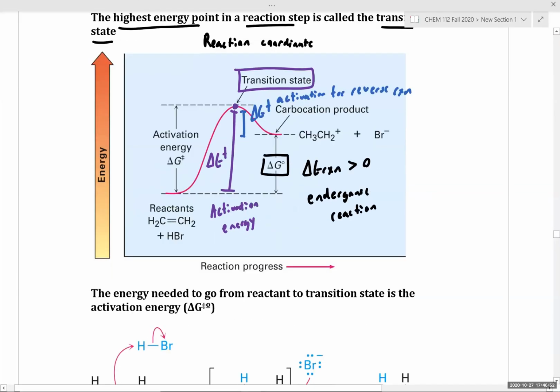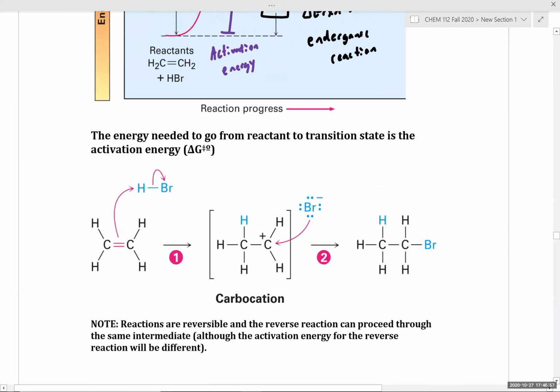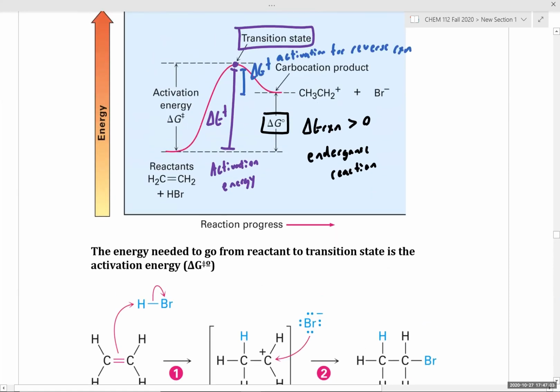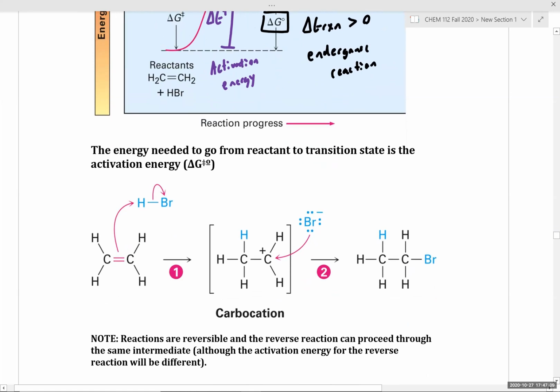Okay, so let's keep going now. In this reaction, we're looking at a typical addition reaction where the first step entails attack of the alkene to generate a carbocation.